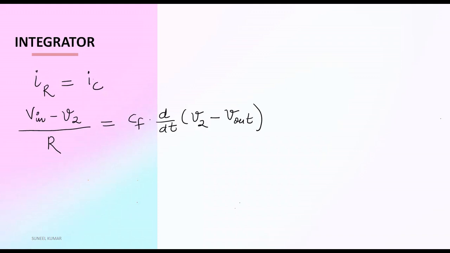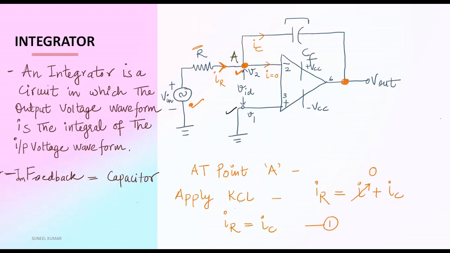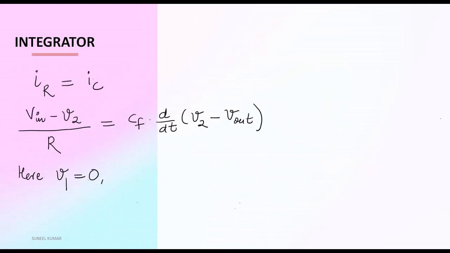Now we can write here V1 is equal to 0, since V1 is grounded. So by the virtual ground concept, we know that whatever voltage is present at the non-inverting terminal will automatically be considered as the inverting terminal voltage.